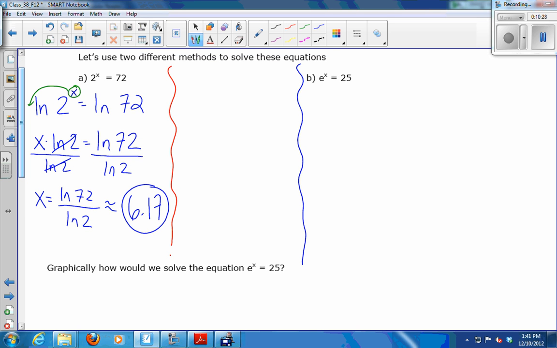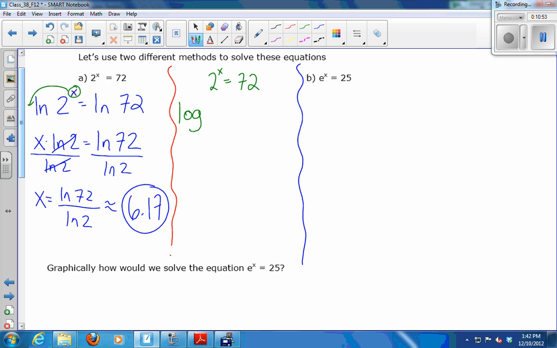Okay, so my second method here, I have 2 to the x equals 72. Because 2 to the x has a base of 2, I'm going to do the same thing I did before where I can take the log of both sides, but I'm going to take log base 2 because the base in my 2 to the x is a 2. And you'll see why as soon as I write it down.